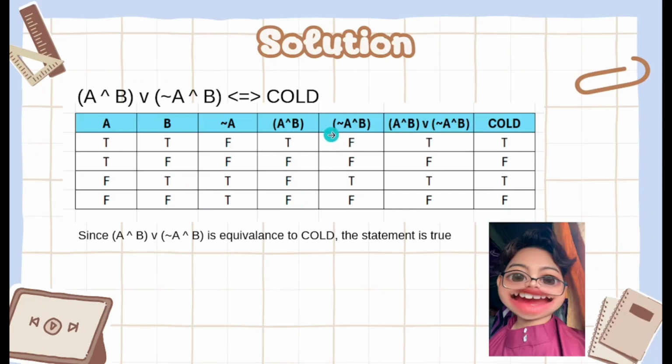Not A and B will be false, true, false. A and B, or not A and B, true, false. Same as the output for cold. So the water will be dispensed for cold water, true, false. Since A and B, or not A and B, is equivalent to cold water, the statement is true.